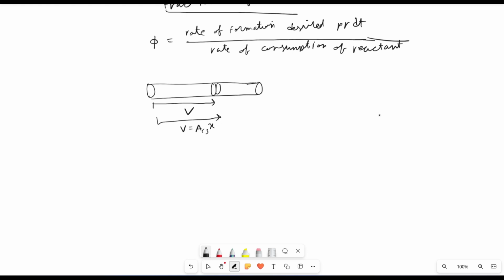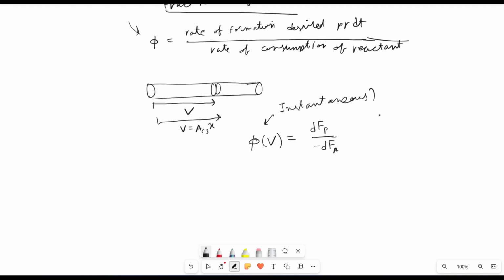So fractional yield, which is a function of volume or axial position, can be written, with desired product P, as dFP by minus dFA. This means at that position, at that location, it is instantaneous. This definition is the instantaneous fractional yield, that is, at that position or at that location.